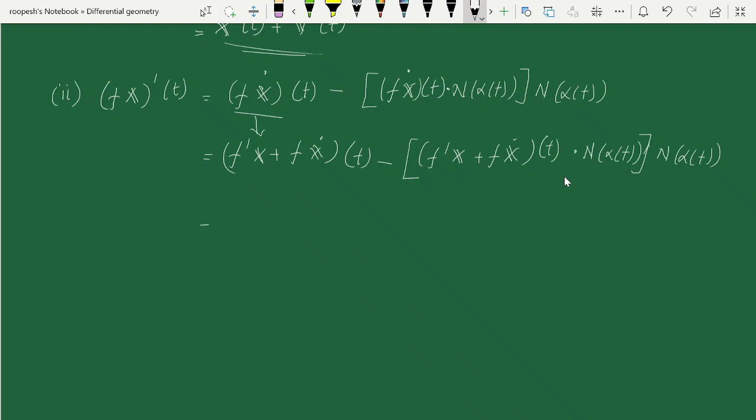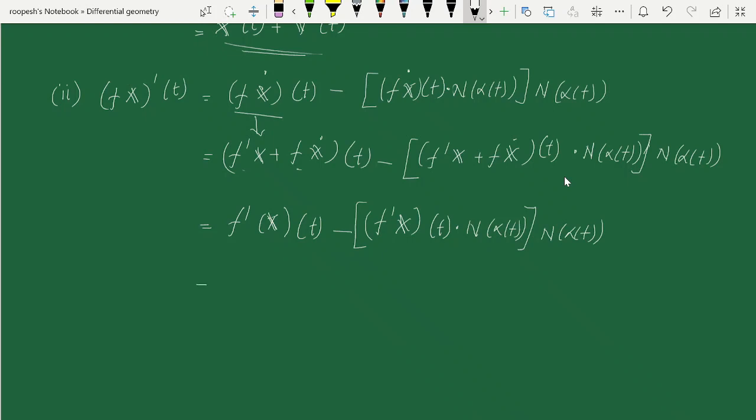Now we can combine the f dash terms and the f terms. So this is equal to f dash X of t minus f dash X dot N of alpha of t times N of alpha of t.